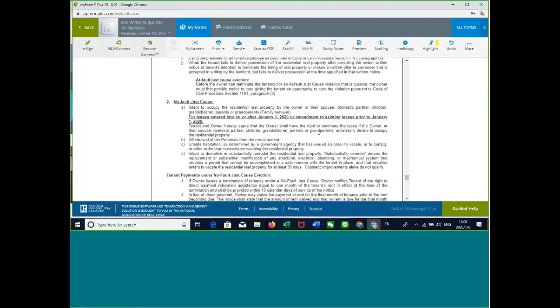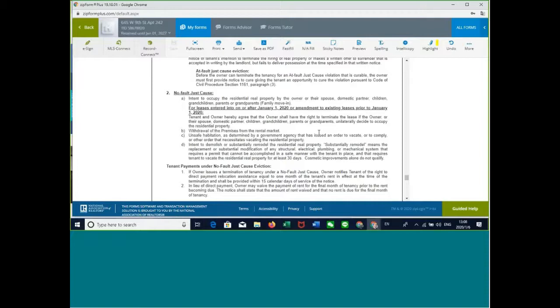Very good. Use for form. Withdrawal of the premises from the rental market. Now, if you decide you don't want to become a landlord anymore, it doesn't matter whether the lease is subject to just cause eviction or not.